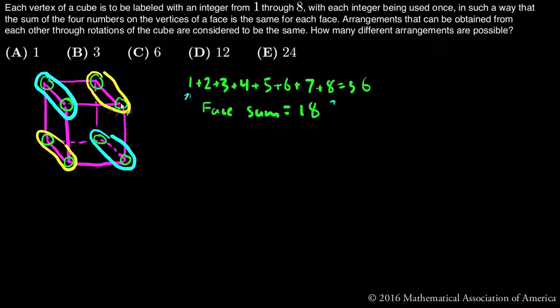If this yellow has a sum of 8 and it's on the same face as this blue, this one must have 10. The opposites must have the same sum because they add up to a third number to get the same sum. So opposite edges have equal sums.